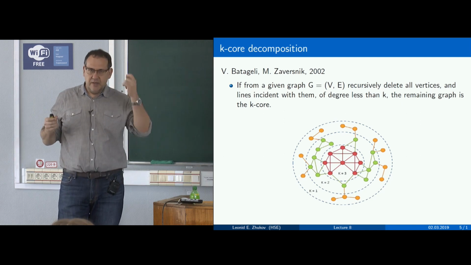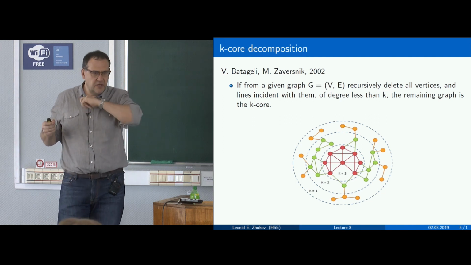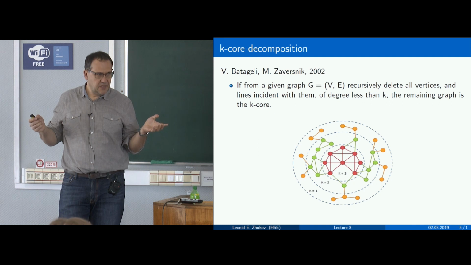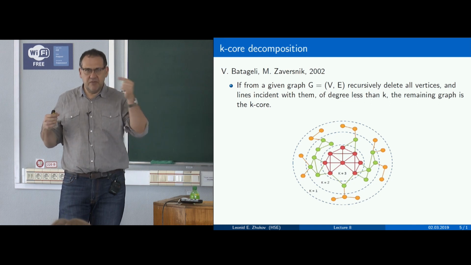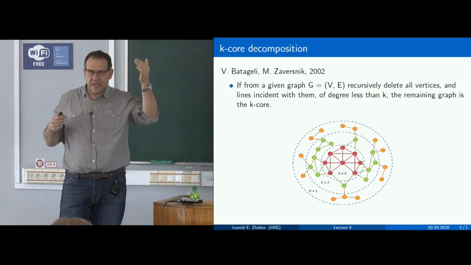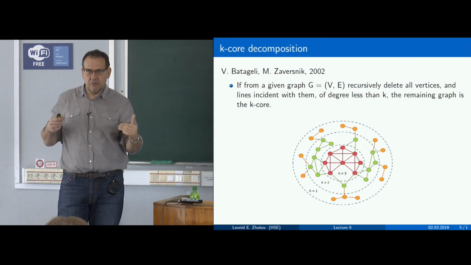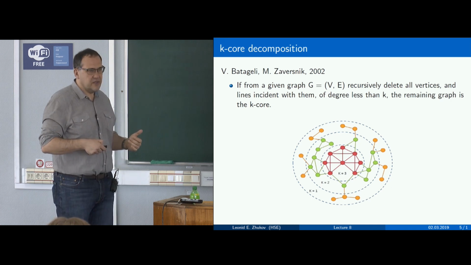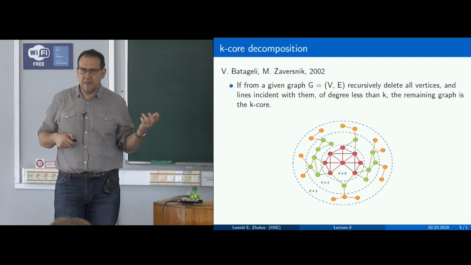What do you do? You remove all the nodes of degree 1. Easy. But then what happens? Some of the nodes will drop their degrees from high degrees to 1. Like here, there was a node of degree 3. After I removed these 2 guys, the degree became equal to 1.